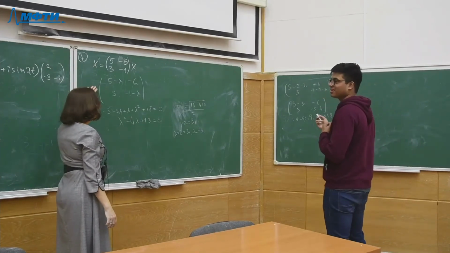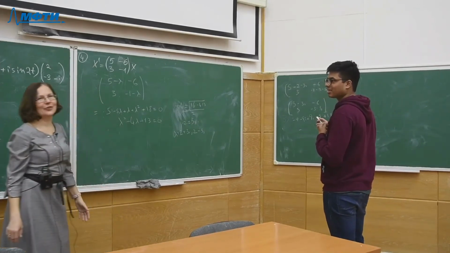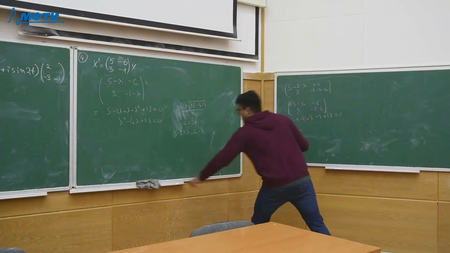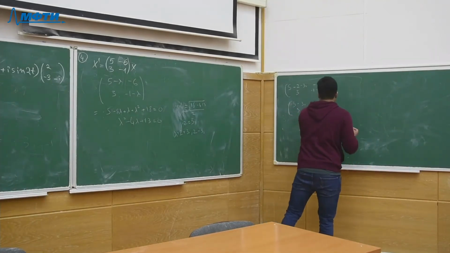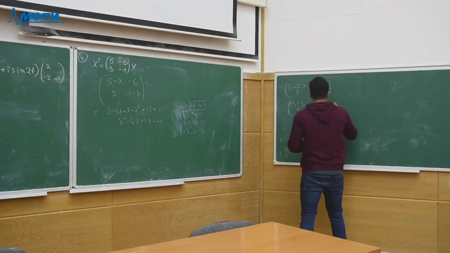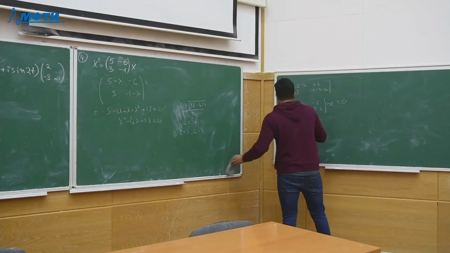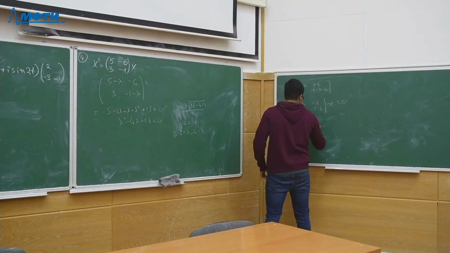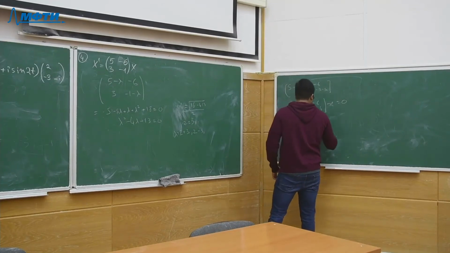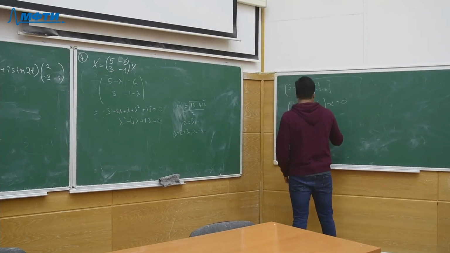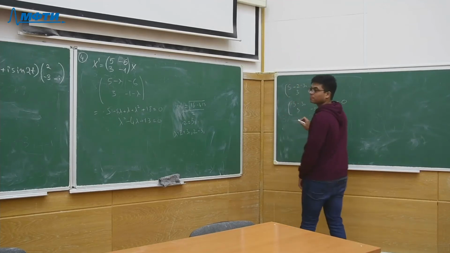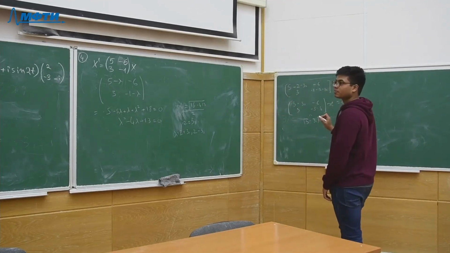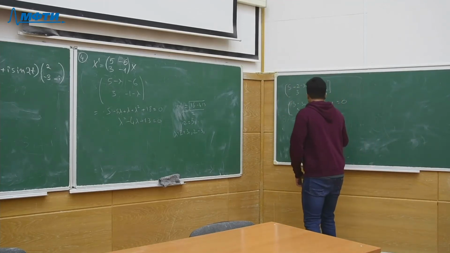But now we need to find the eigenvector, not to check that the determinant is 0. So sometimes maybe it is useful to check yourself.